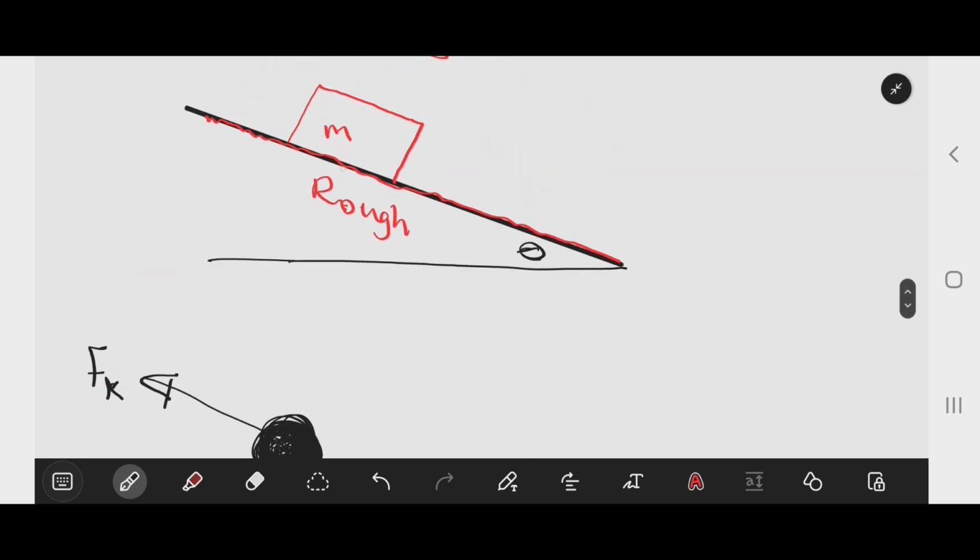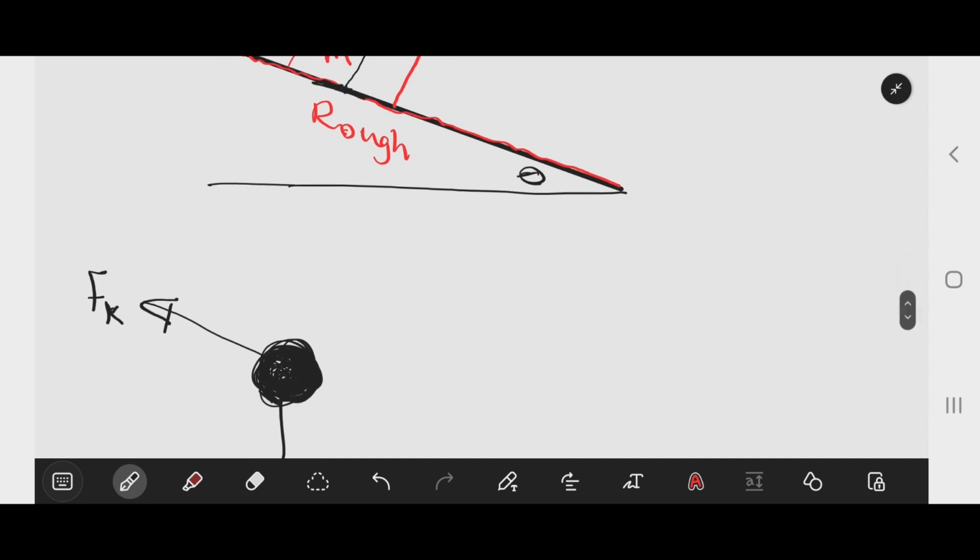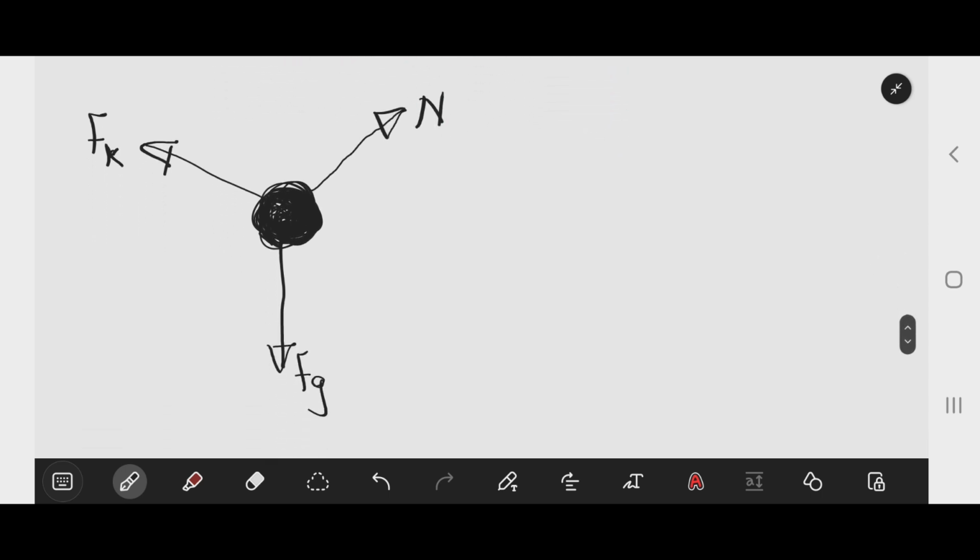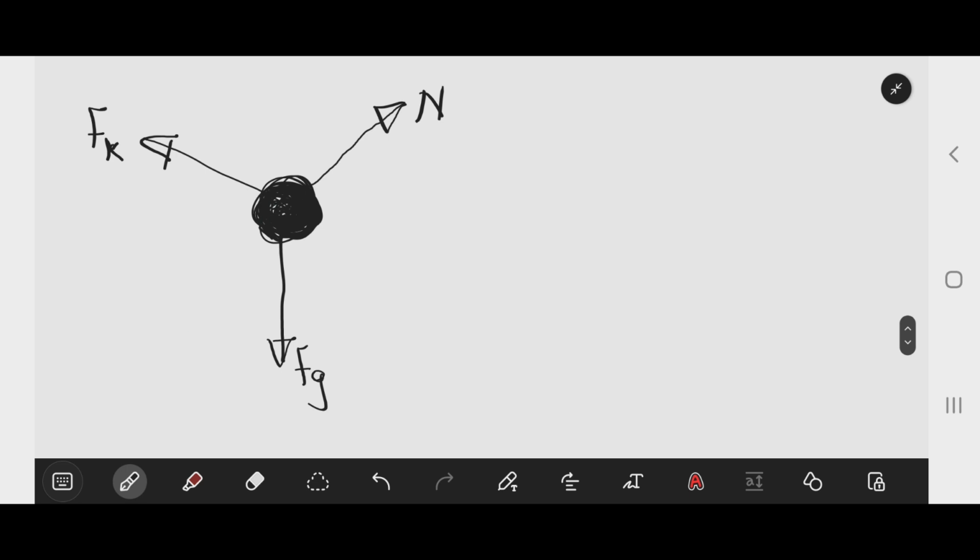And remember we have a surface here, right? And there is a reaction force which we call the normal force, which is perpendicular to the surface in that direction. So we have our normal force in that direction. Okay, so that was step number 2, which was drawing the free body diagram.